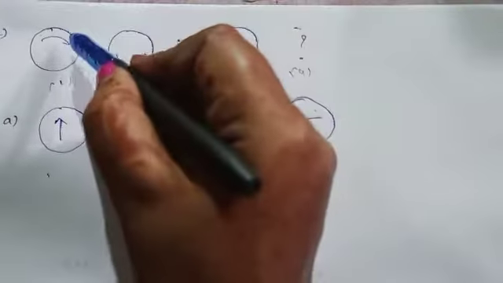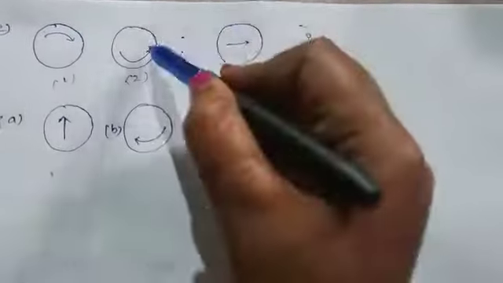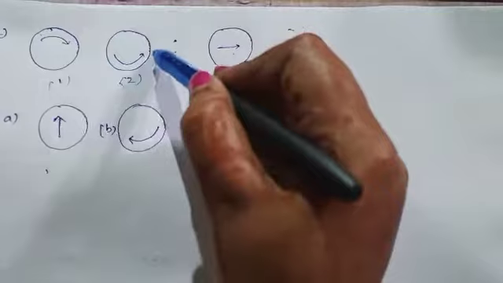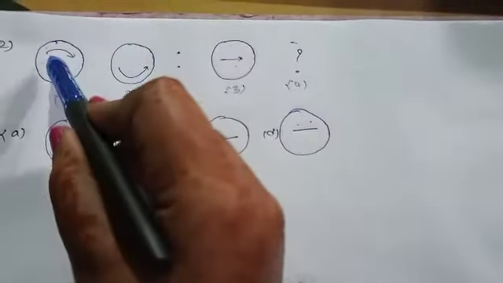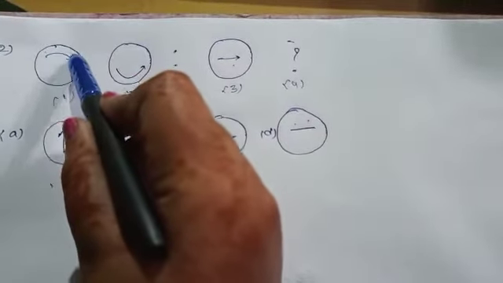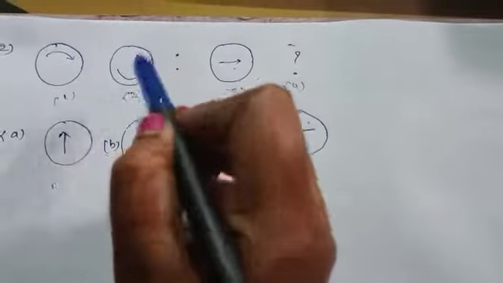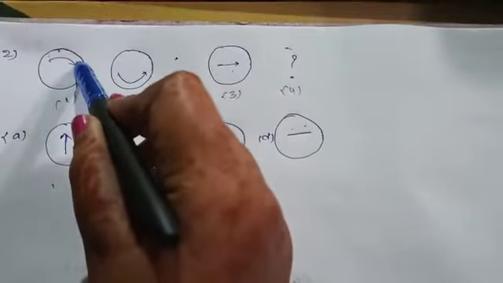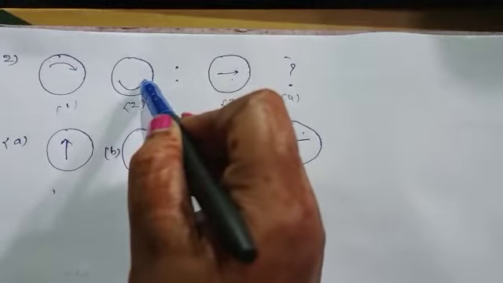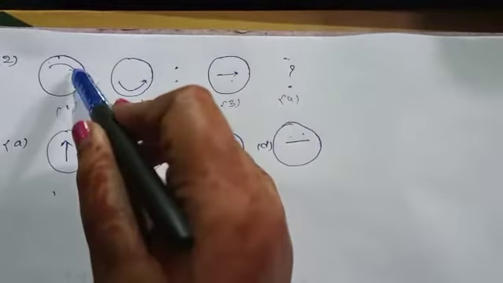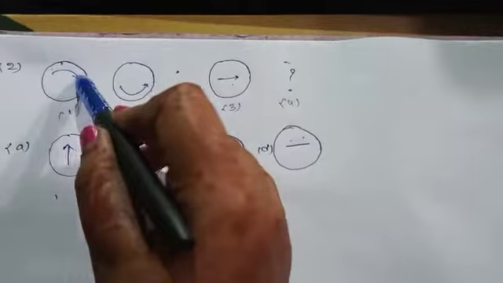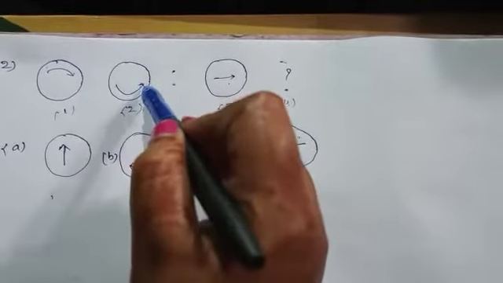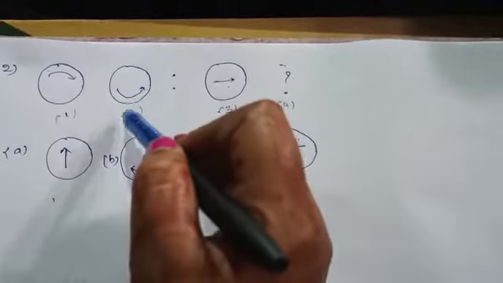See the first figure, one circle; second figure, one circle. Next, we have one arrow in the first figure. In the second figure, one arrow, but the arrow mark is reversed. This is in the clockwise direction, and in the second figure, anti-clockwise direction.